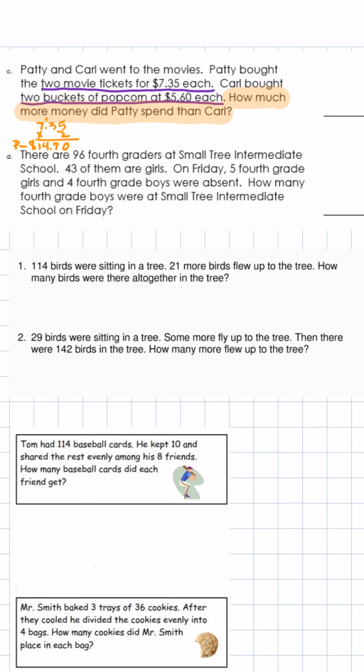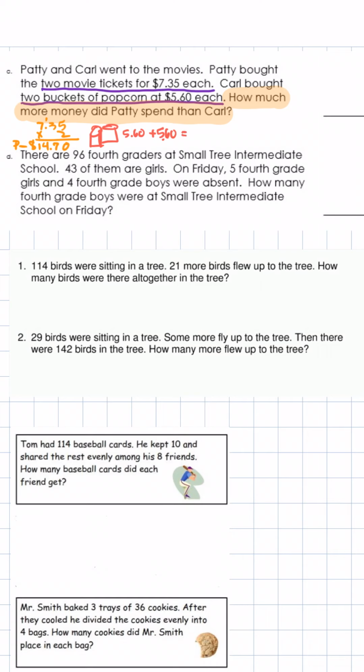Okay, so this one's a little bit harder to draw a picture for, but I mean, you could draw 2 tickets that equal $7.35. We could draw our 2 buckets of popcorn, $5.60, plus a second one, $5.60. Adding the 2 together is the same thing as multiplying them by 2.